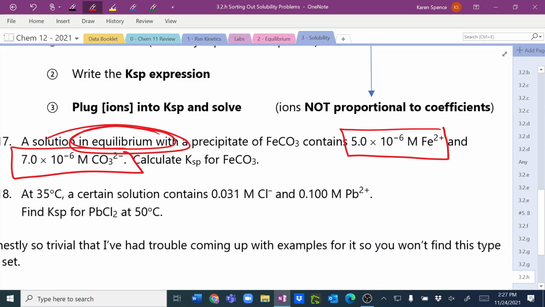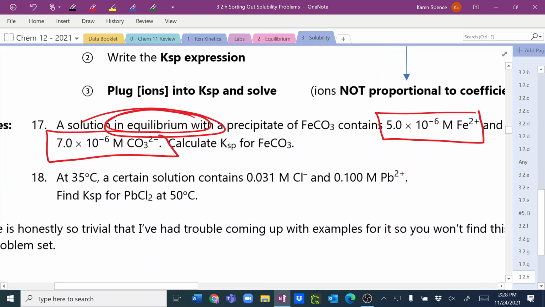Yeah, you just go A times B. That's why it's really hard to even find examples like this because it's pretty trivial, okay? We've got a certain solution contains this molar and that molar. Find the KSP, just multiply the two together, okay?